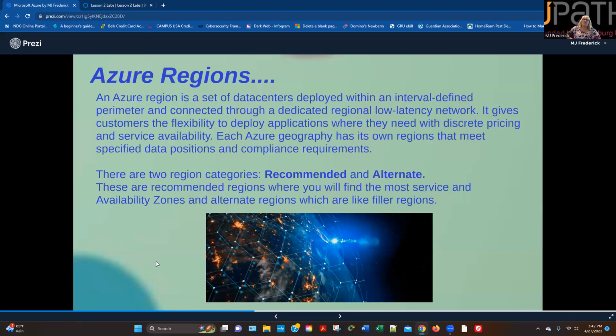I can be driving along talking, and all of a sudden the call drops. Again, it depends where those cell towers are or anything else that could be interfering in the area. Well, with this, it's the same thing. You're going to get the services wherever they're located. And that's why you slip in these little alternate fillers to help take up those spaces that are open. Okay, so that's what the regions do. It's the same type of thing.